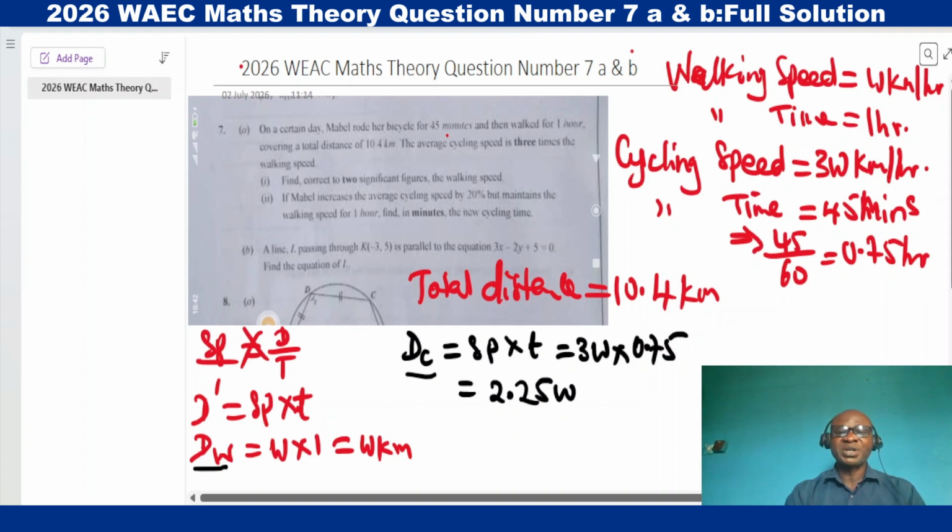The time will no longer be 0.75 hours or the 45 minutes as earlier given. It is going to change, because the cycling speed has changed.